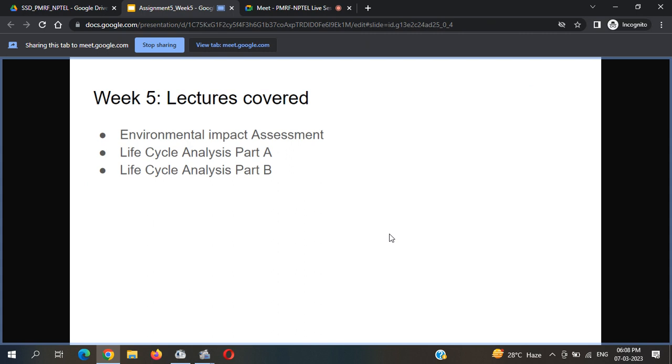Then life cycle analysis part A and B would have taught you what life cycle analysis is, how it is used to conduct life cycle analysis for different products and different materials that we use in our day-to-day lives, and the embodied carbon or embodied emissions associated with different materials, and how processes related to the product's life cycle, like its use, the recycling and reuse, everything, involve emissions, and how different parts of a product's life cycle affect emissions throughout the product's life.